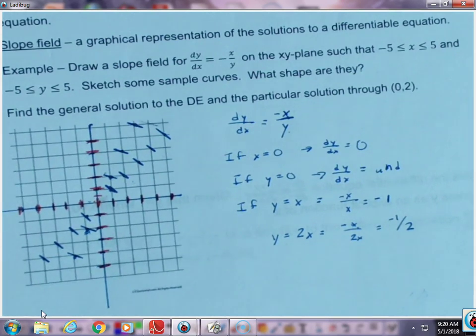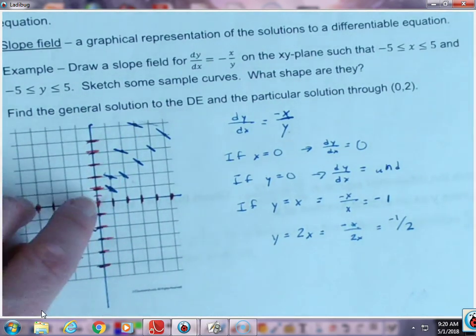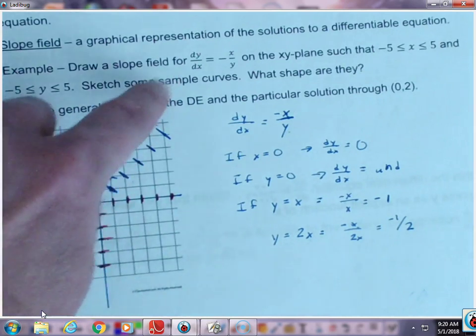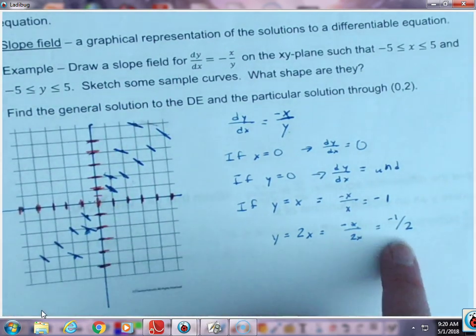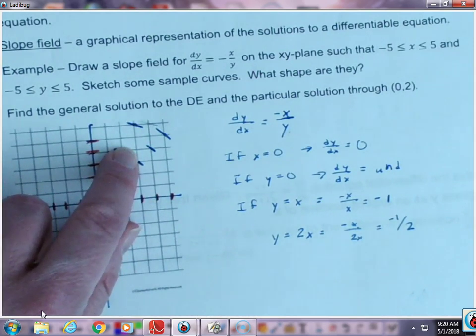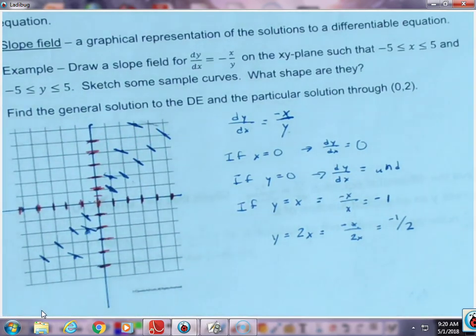Yeah, so along the line y equals 2x, I'm drawing little lines that have a slope of -1/2. So along the line y equals 2x, which has a positive slope, I'm drawing little -1/2 lines. So the slope is -1/2, but I'm drawing it along y equals 2x. Okay, so I kind of have some of those.